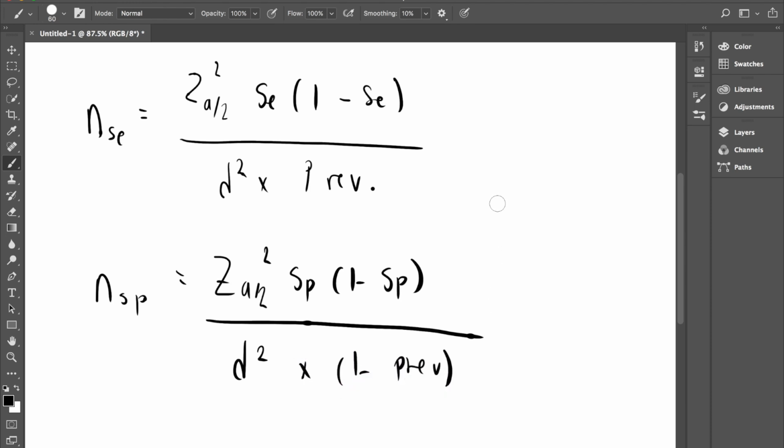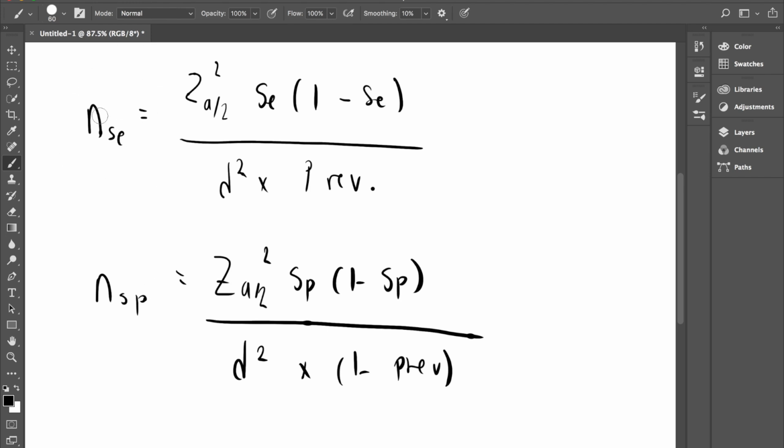Okay, and you might then be asking, well, which sample size calculation do I use, right? So you want to first identify which one is more important to you, right? Is your sensitivity more important? Is it more important to you to have a good true positive rate, or is your specificity more important? Is it more important to you to have a good true negative rate, right?